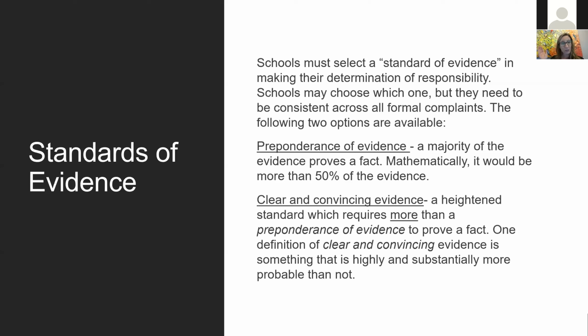That's the highest standard. So that's when you're convicting a person of a crime. So clear and convincing lies somewhere in between. The lowest standard of proof would be preponderance of evidence, and then clear and convincing, and then beyond a reasonable doubt. So you just get to pick one.